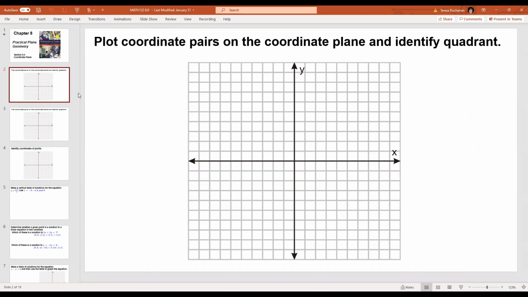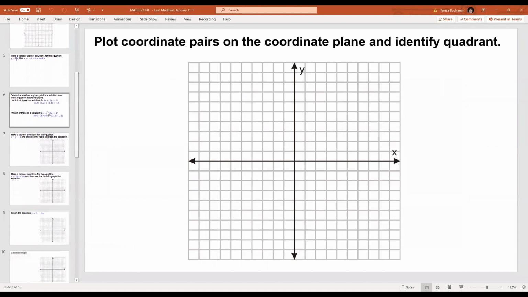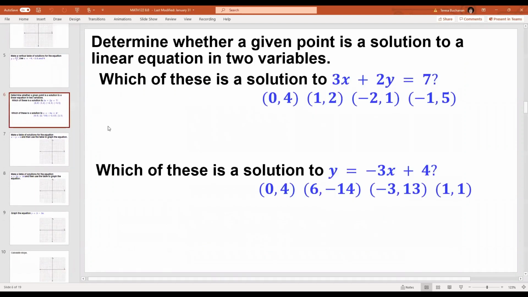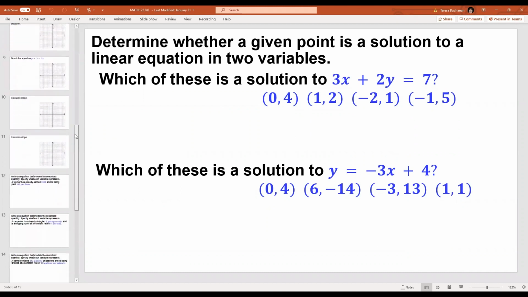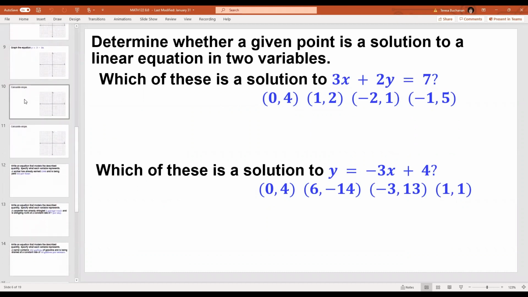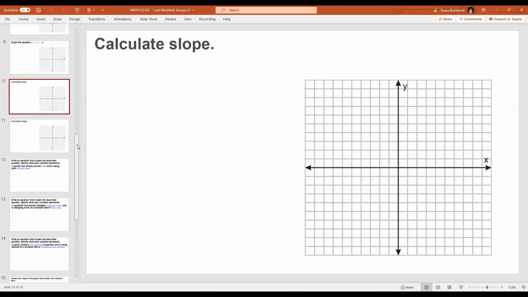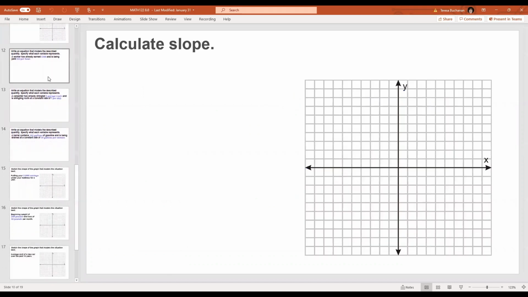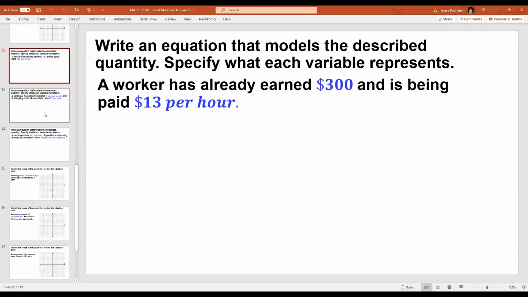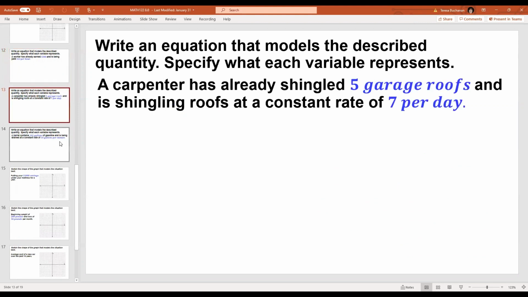And then we're going to extend that somewhat and talk some about whether a certain point is a solution to any given equation. We're going to talk some about calculating slope of a line, and then we're going to actually do a few word problem applications of some of these ideas.